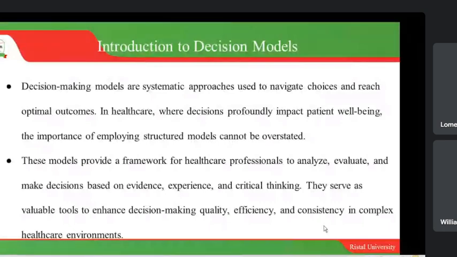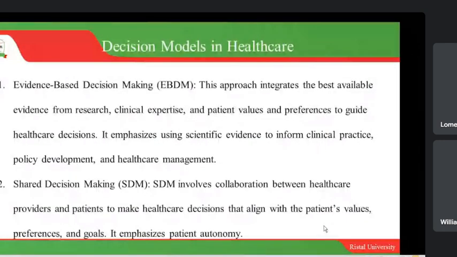We have a number of decision-making models. For example, we have what we call evidence-based decision making, or EBDM. This approach integrates the evidence from research, clinical expertise, and patient values and preferences to make healthcare decisions.